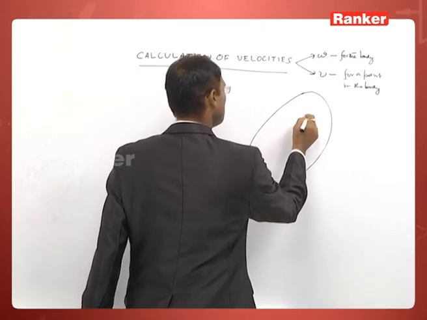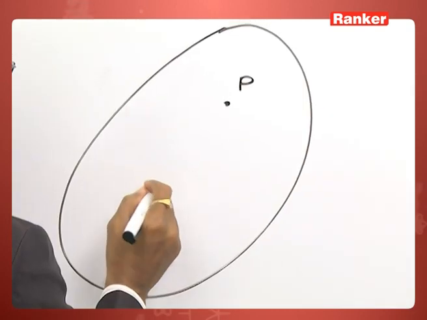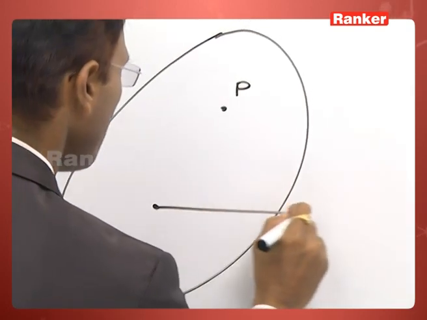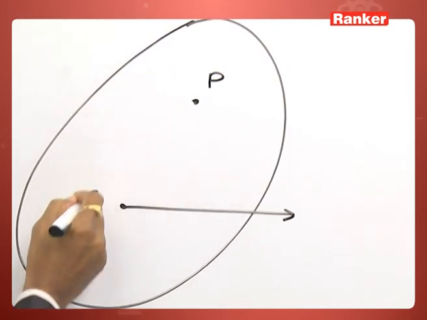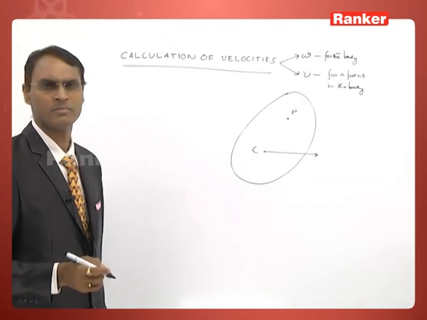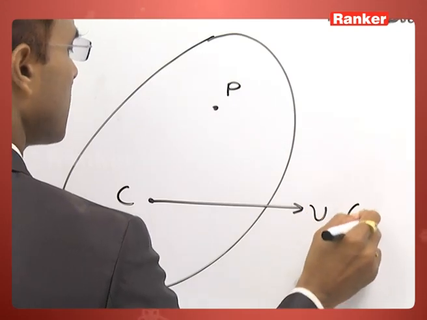Let us take a point P. Let us assume that the velocity of any other point, say center of mass, Vc is given.